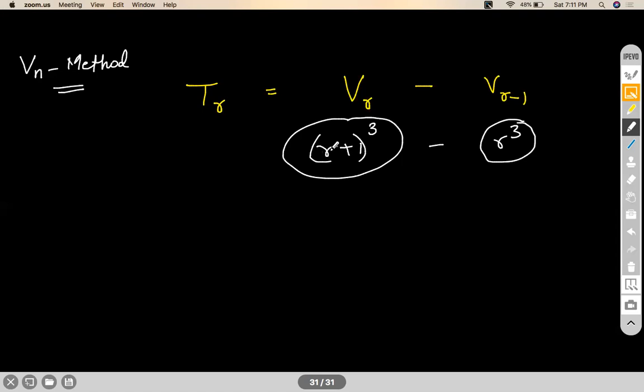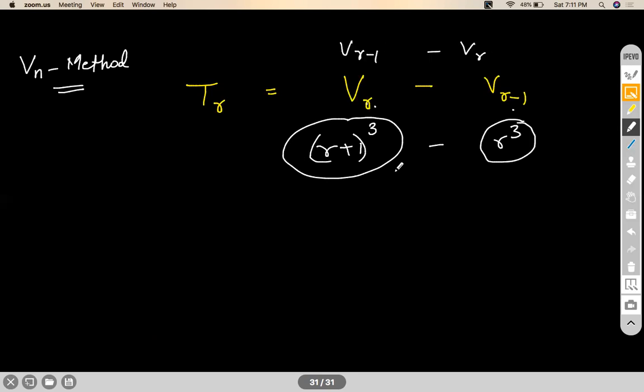So this method works on splitting this term as a difference of two such terms, which are the same function, but one in terms of R, the other in terms of R minus 1, or vice versa. It is not necessary that it will always be R first and R minus 1 second. It could be the other way around also, R minus 1 minus R.